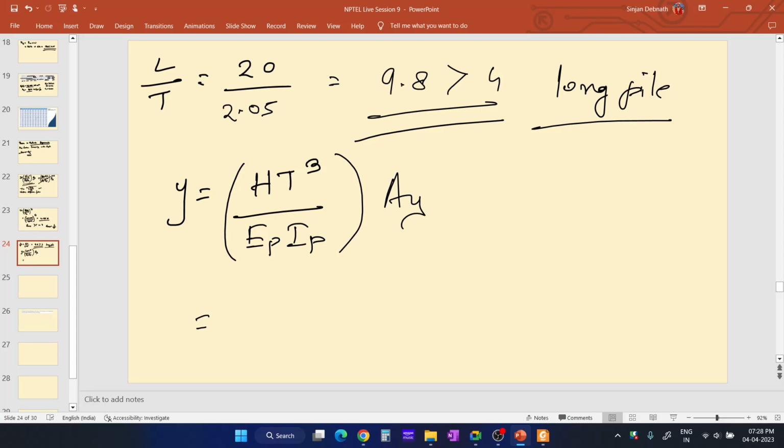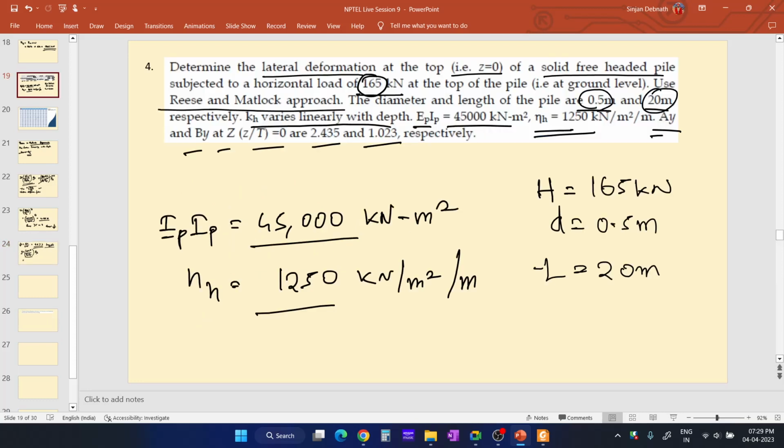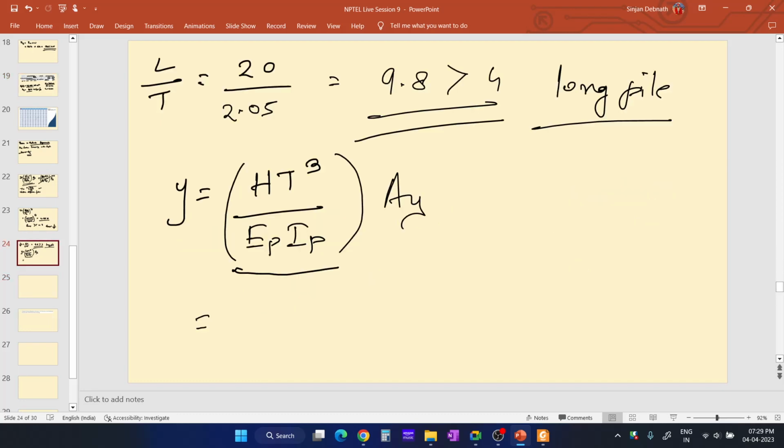So now let me put all the values of all the parameters into this equation. First of all, let me put all the parameters into this part. So what is the value of H? That is the horizontal load that is acting. It is 165 kilonewton. And what is T?